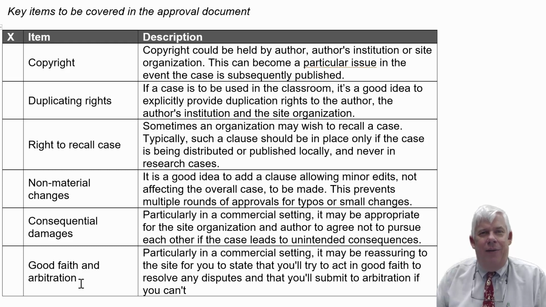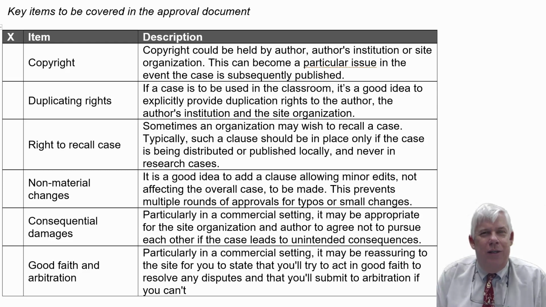At the end of a lot of these agreements, we've got stuff like consequential damages, good faith, and arbitration. We see this in a lot of organizational agreements, and research cases typically are very unlikely to be the source of lawsuits based upon damages caused to the organization because someone read the case and something bad happened.